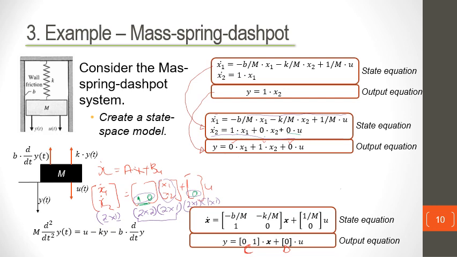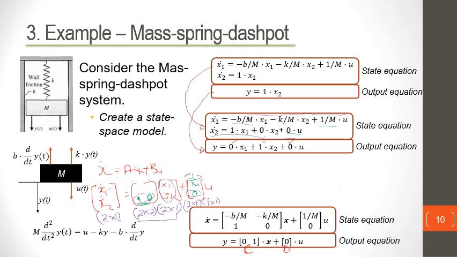And then if we look at the first line here, x1 dot, we look at the first row, which corresponds to this equation. Now the coefficient of u here is 1 over m, and we're going to look at the coefficient of x1 and the coefficient of x2.